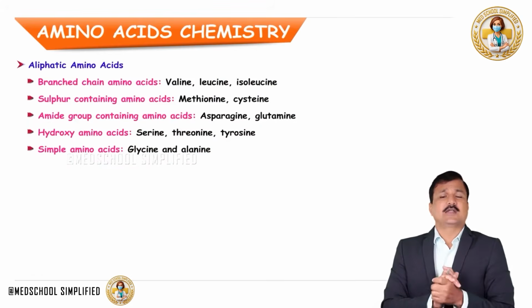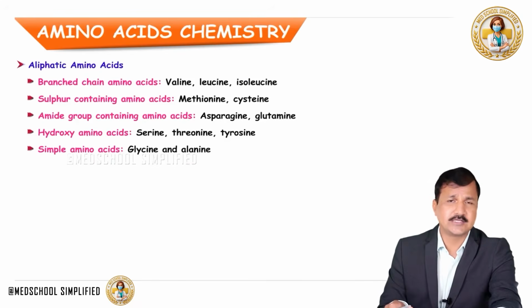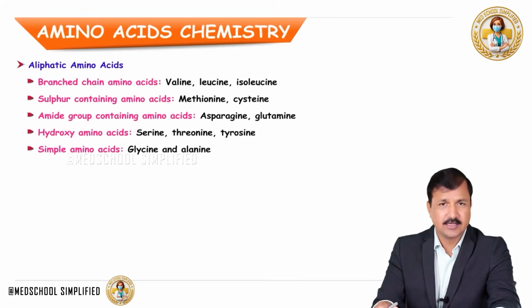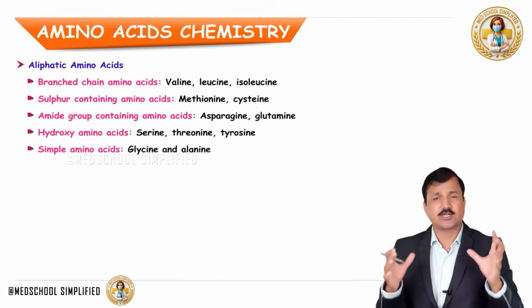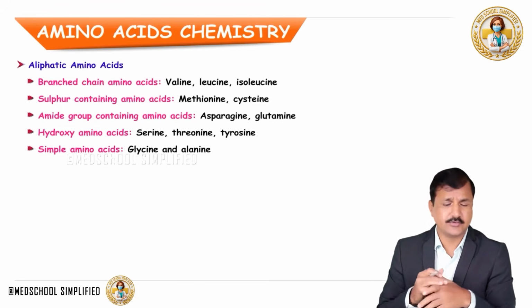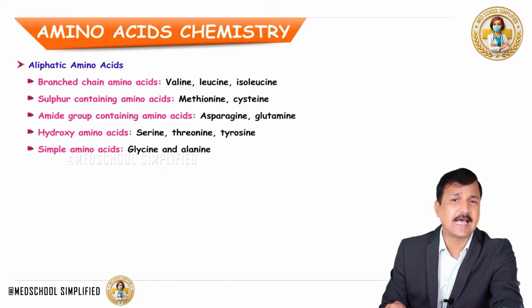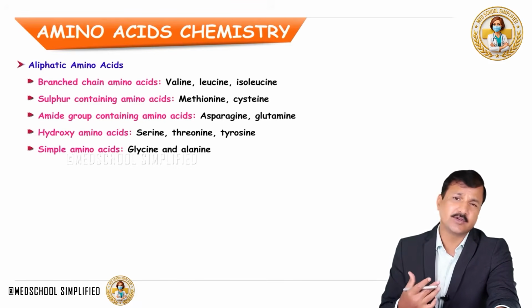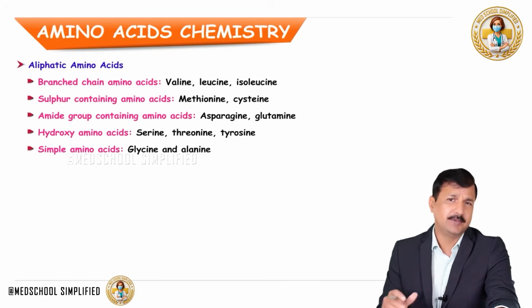Now let's look at classification of amino acids based on side chain characteristics, especially the structural arrangement of the side chain. By this, we can classify amino acids as aliphatic, aromatic, heterocyclic amino acids and an imino acid.